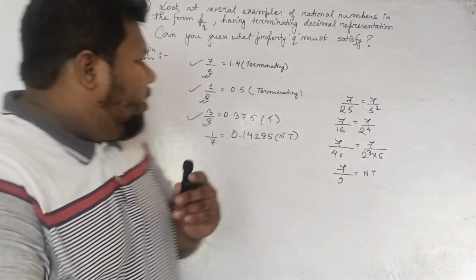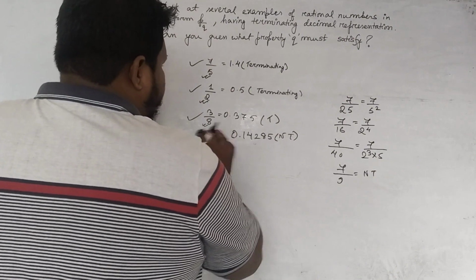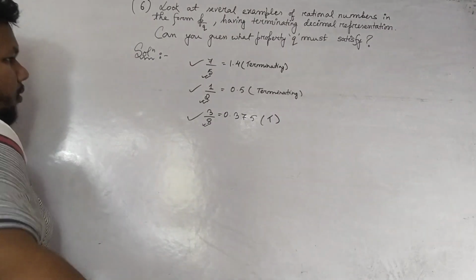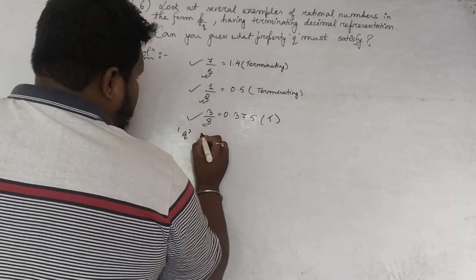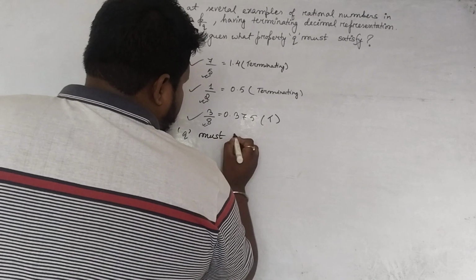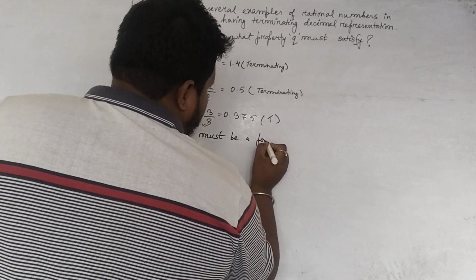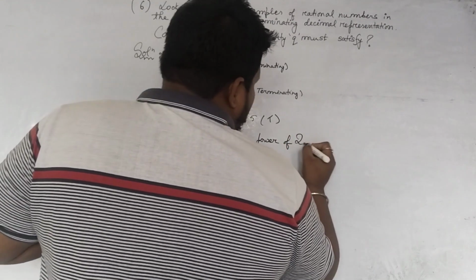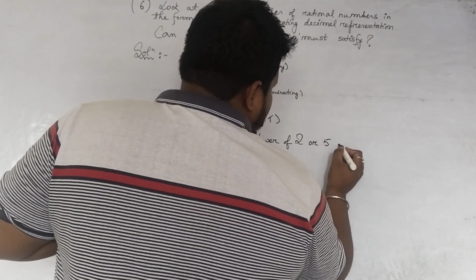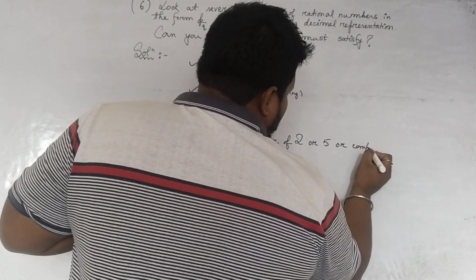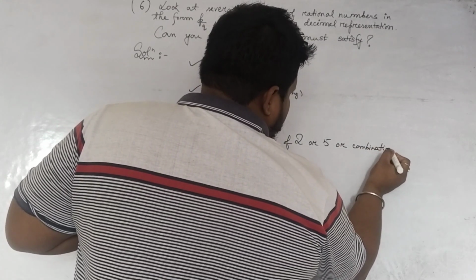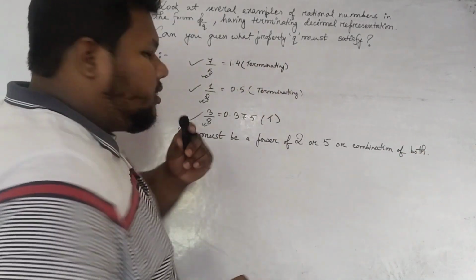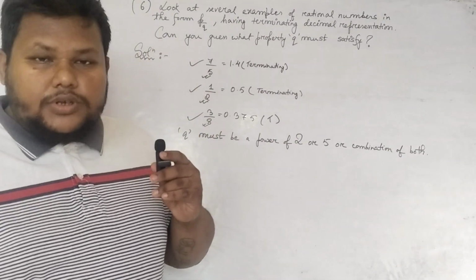So I'll just write the property here: q must be a power of 2 or 5 or a combination of both. I hope it is clear.